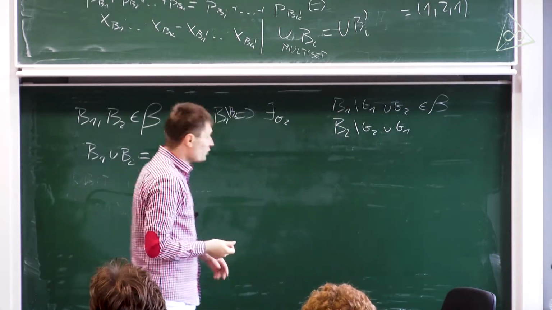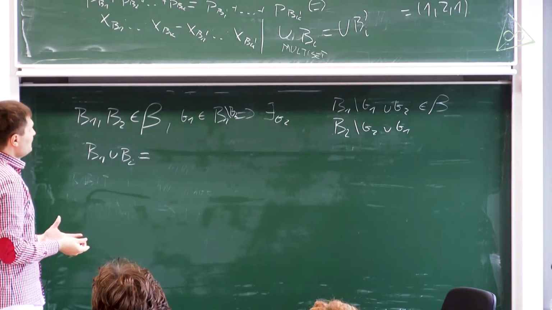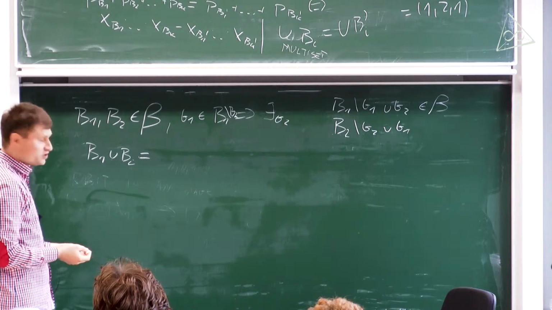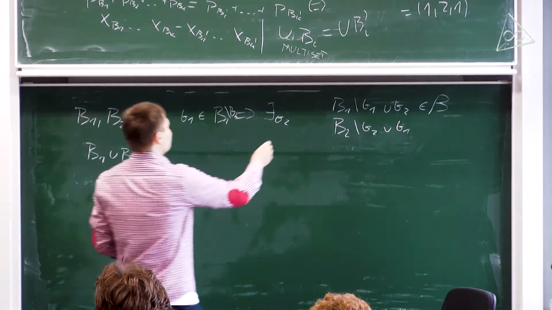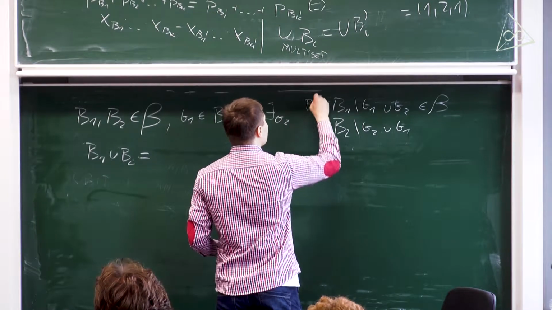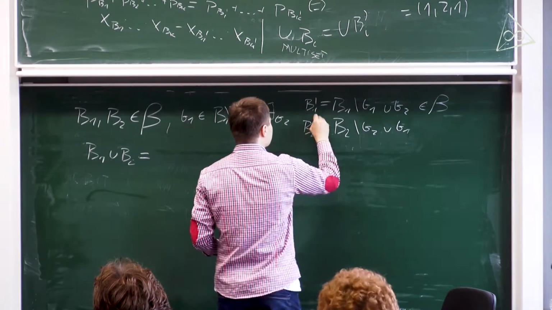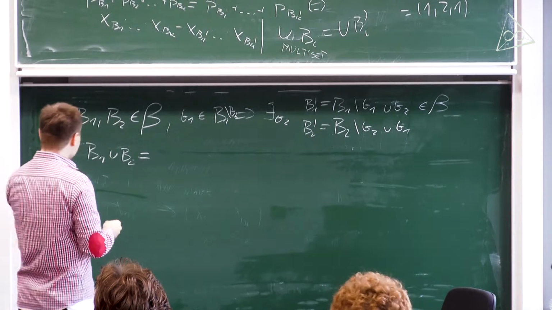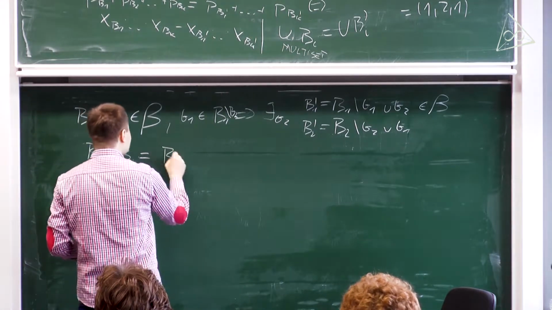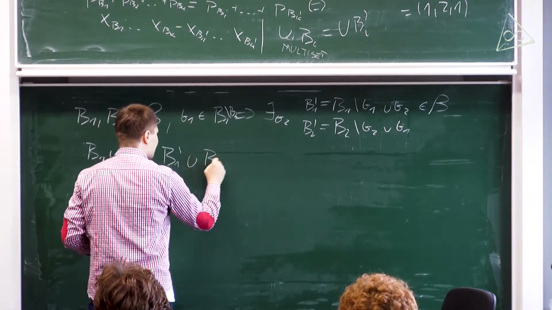You remember? There was a symmetric basis exchange. So let's call this B1 prime. Let's call this B2 prime. And clearly B1 union B2 is B1 prime union B2 prime.